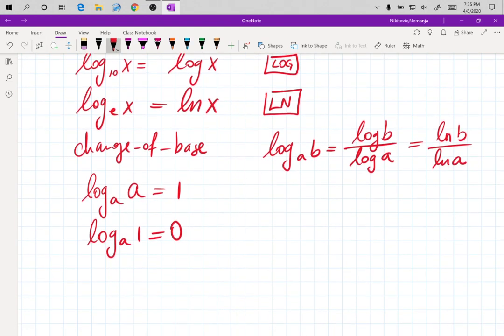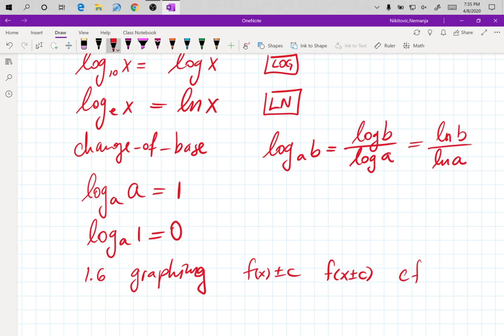All of the 1.6 transformations for graphs, 1.6 graphing. So we have f of x plus or minus c, f of x plus or minus c inside. We have the constant multiplying f of x, and then we have f of negative x and negative f of x.